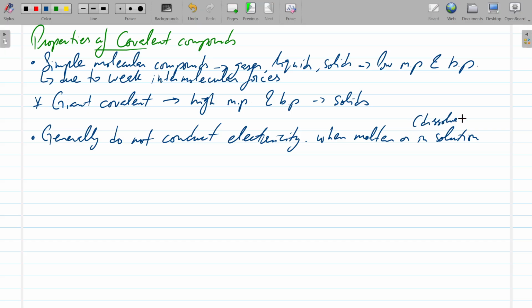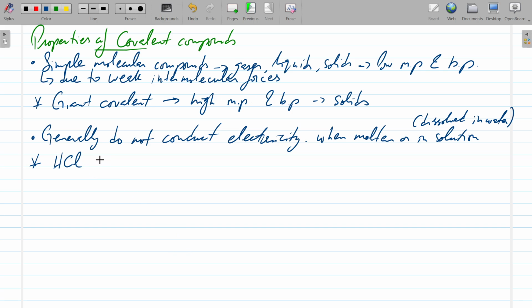Now we'll talk about dissolution, because covalent compounds also do not normally dissolve in water to begin with. There are a few, for example HCl, which we know is acidic. Although we haven't talked about acids and bases, we've come across this earlier on.